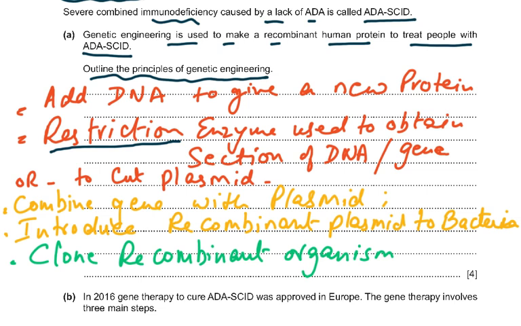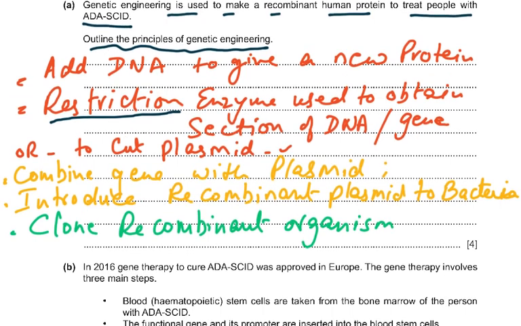Or you use a restriction enzyme to cut the plasmid. Then you combine the gene with the plasmid, and then you introduce the recombinant plasmid into bacteria, and then you clone these bacteria because they will produce insulin for you or the desired protein, whichever you need, where the person is suffering from a deficiency of that protein.